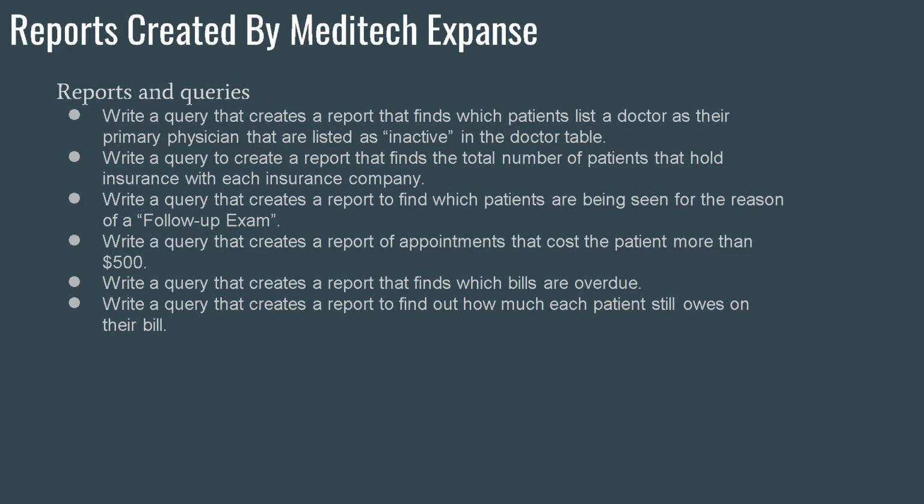Those 6 reports are reports that find which patients list a doctor as their primary physician when the doctor is listed as inactive, a report to find the total number of patients that hold insurance with each insurance company, a report to find which patients are being seen for the reason of a follow-up exam, a report of appointments that cost the patient more than $500, a report that finds which bills are overdue, and a report to find out how much each patient still owes on their bill.